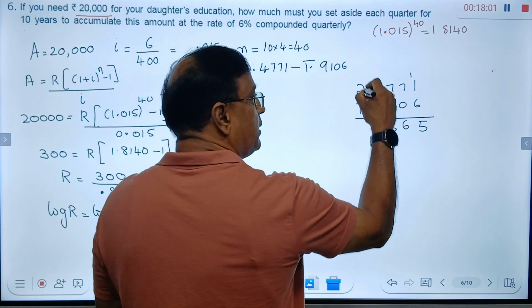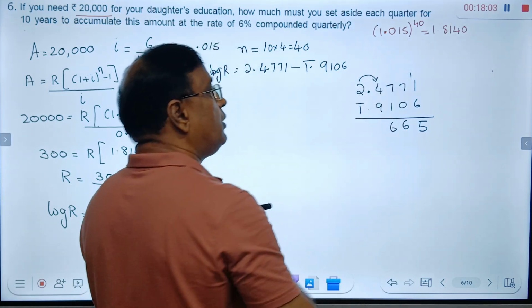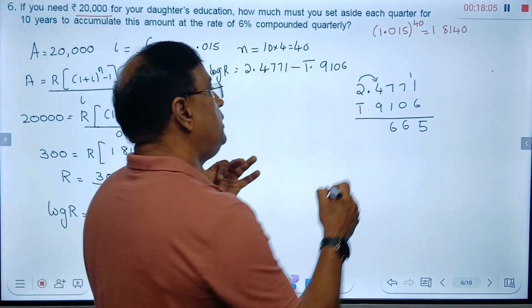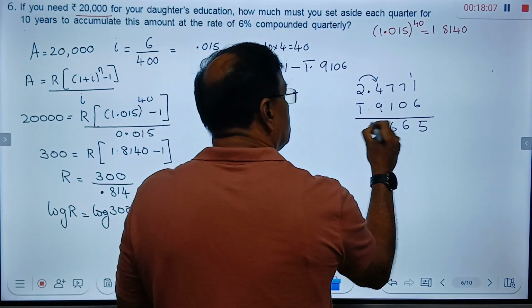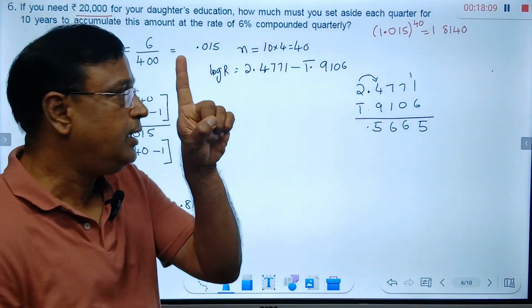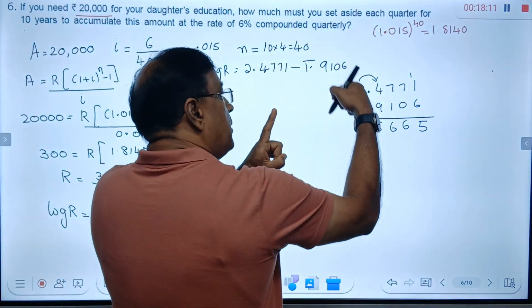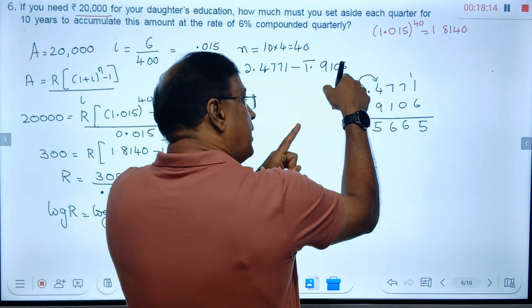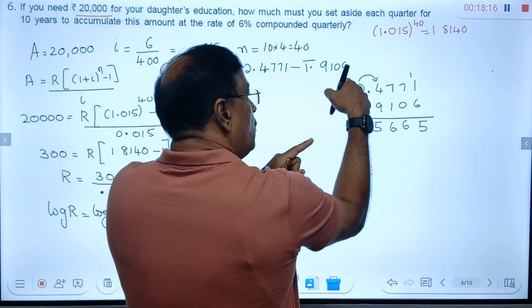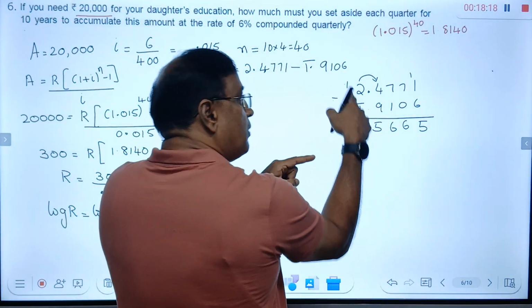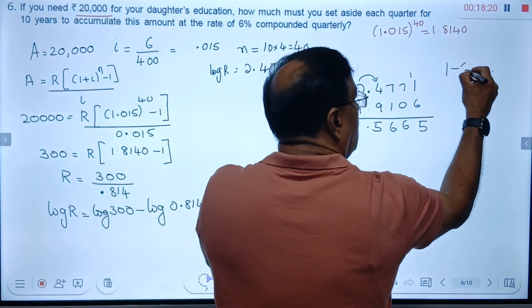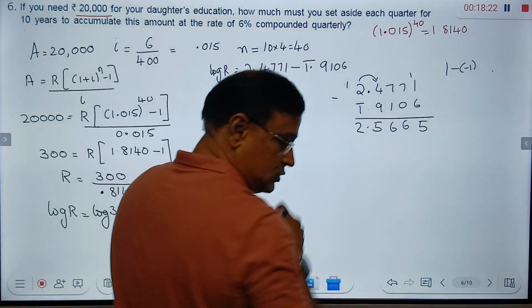Here you can't subtract, so I borrow 1 from here. So what do you get? 10, 11, 12, 13, 14, that is 5. Since you have borrowed 1, you have only 1 there. So it's 1 minus of, we are subtracting, right? Minus of minus 1. 1 minus of bar 1. 1 minus of minus 1. What will that be? It's 2.